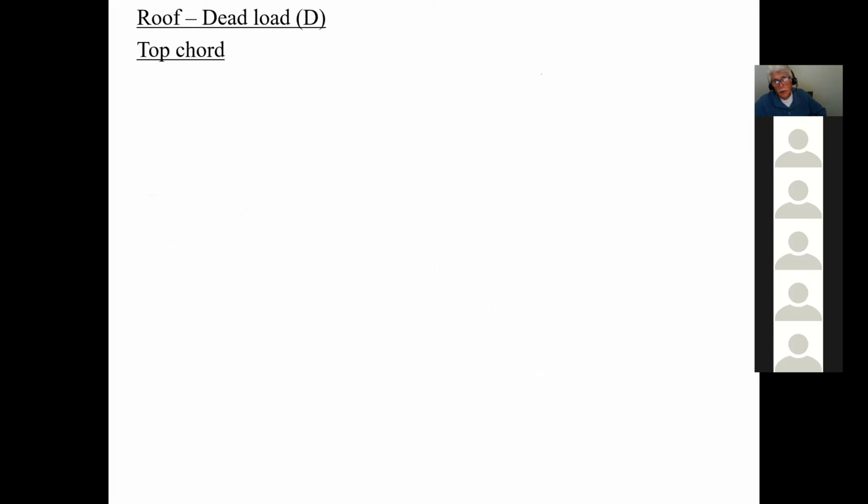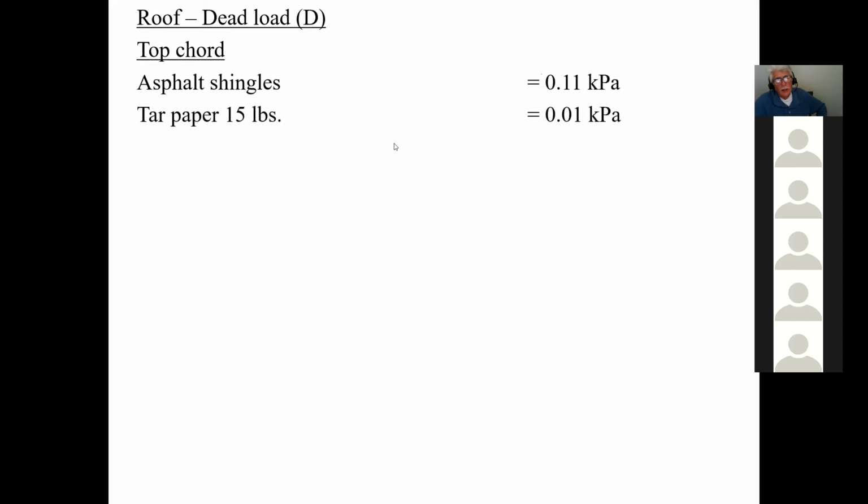So for the top chord, now here I'm going to separate it because you're going to have loads on the top chord, you're going to have loads on the bottom chord. So since they're going to be different loads on each member, we're going to be putting them separately. So on the top chord, I know I have the asphalt shingles, and I'm going to use the same dead load for the asphalt shingles. And I'm going to use a tar paper. Okay, like I said, normally I wouldn't even include this.